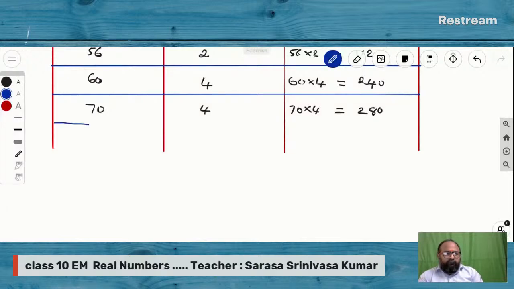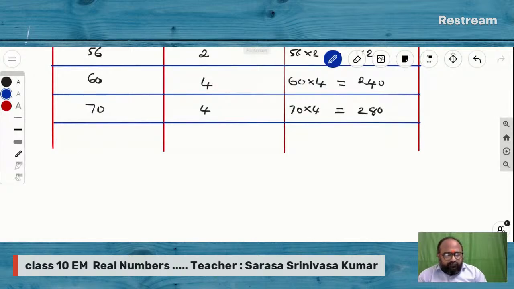Now we consider the marks 72. How many students got 72 marks? Only one student got 72 marks. So 72 multiplied by 1 equal to 72.